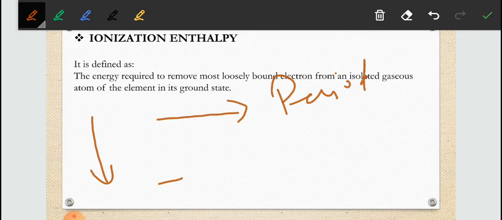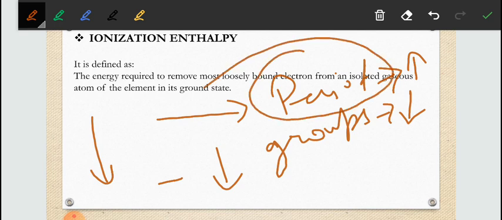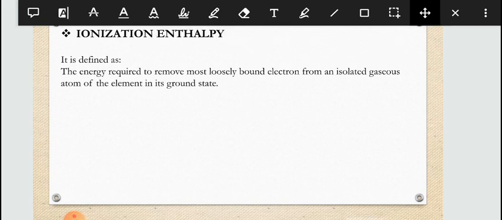So as we move down the group, the ionization enthalpy decreases. In the case of periods, it increases, because in periods the nuclear charge increases. In the case of groups, nuclear charge decreases. Okay, so now we will talk about some factors on which it depends.